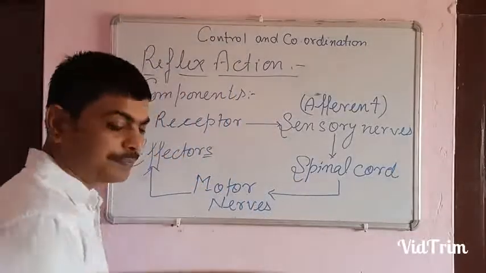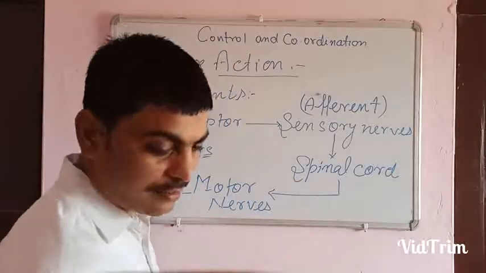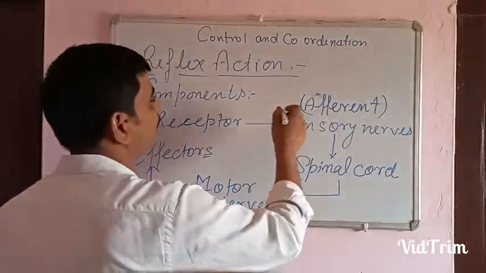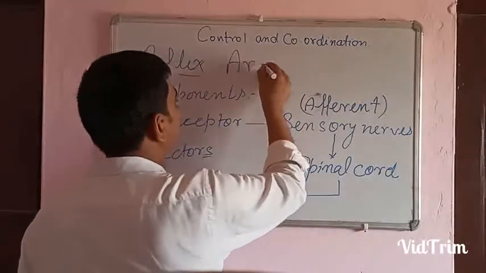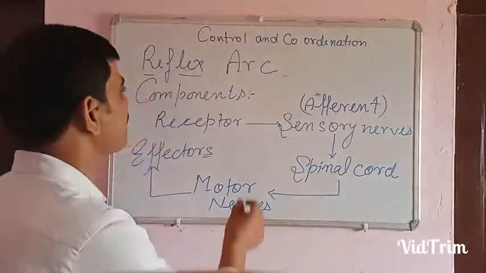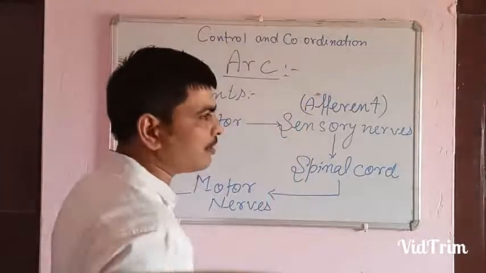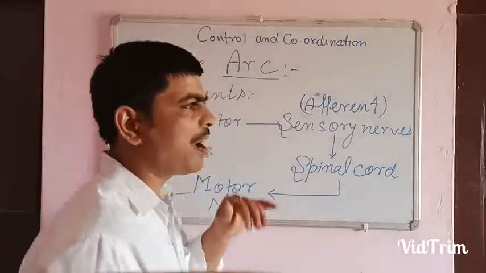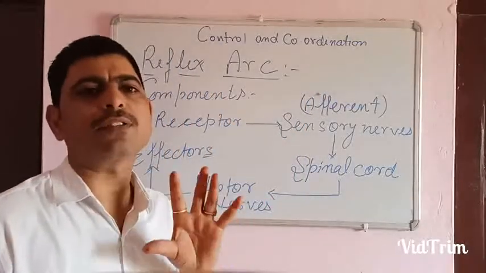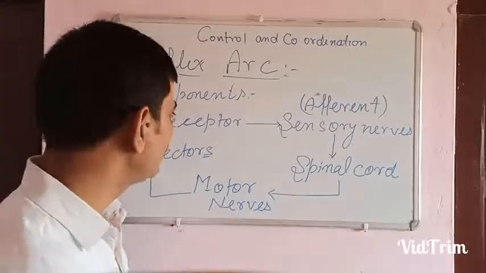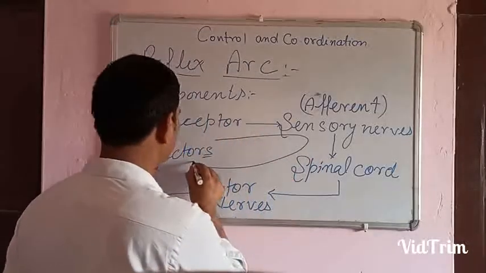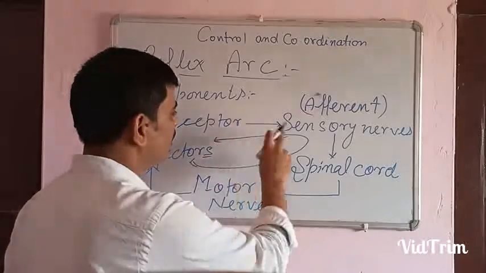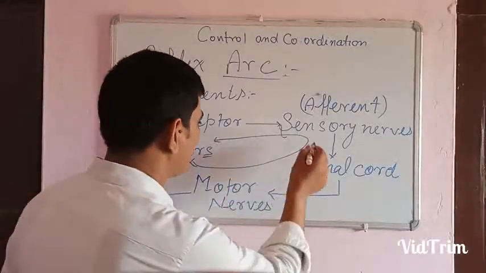Dear students, one more term is here, and that is the reflex arc. What is a reflex arc? The shortest path followed by reflex actions. Means receptor to sensory nerves to this. So this is the reflex arc.